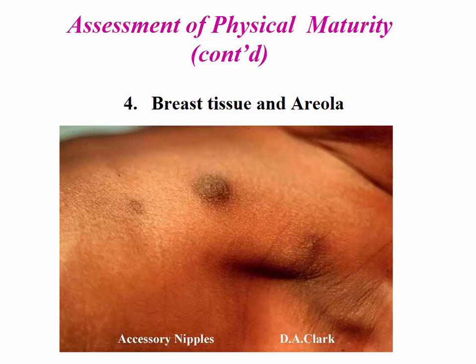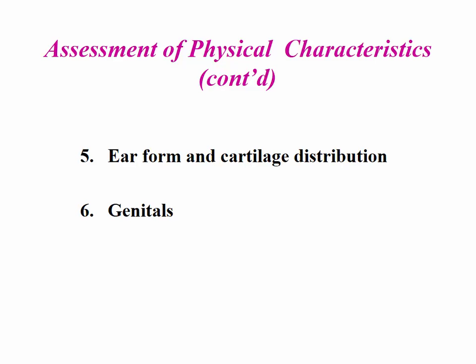So same with that. Physical maturity, breast tissue. Remember, the more mature, the more breast tissue, the more fat. We're always talking about fat. Okay? And I don't have a picture of everything, but I just have some of them listed because we've already seen some of them. But ear form and cartilage distribution, that one is going to be talking about the curvature.